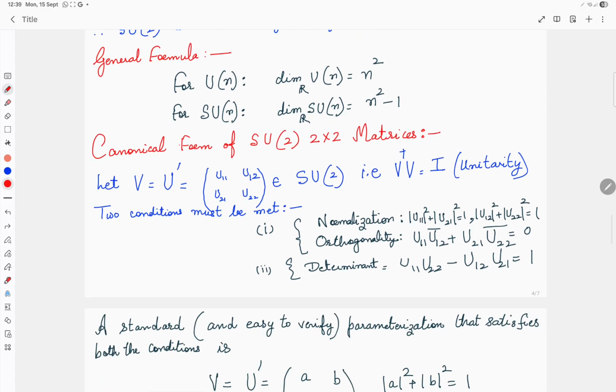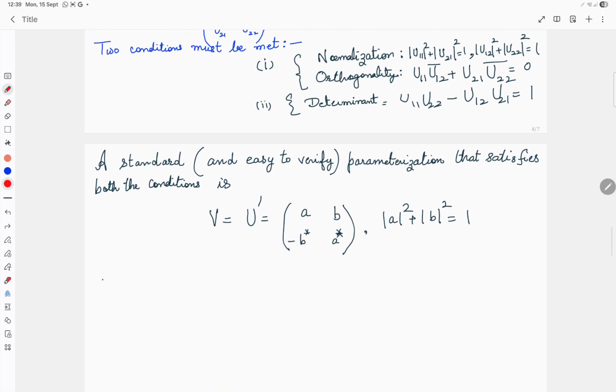Now the canonical form of the SU2, 2 cross 2 matrix, is given by this. This is the canonical form. Any unitary, this U dash, we know is a matrix which belongs to SU2.